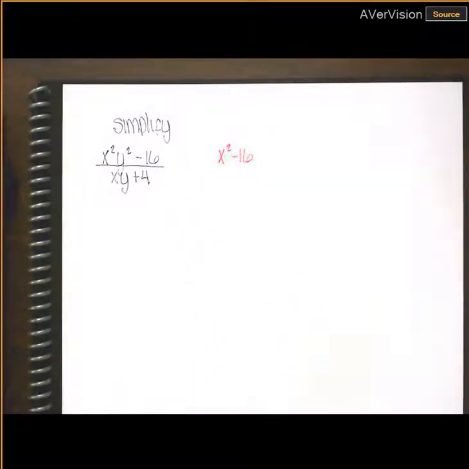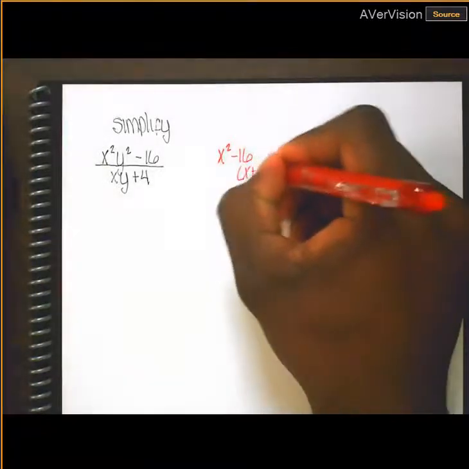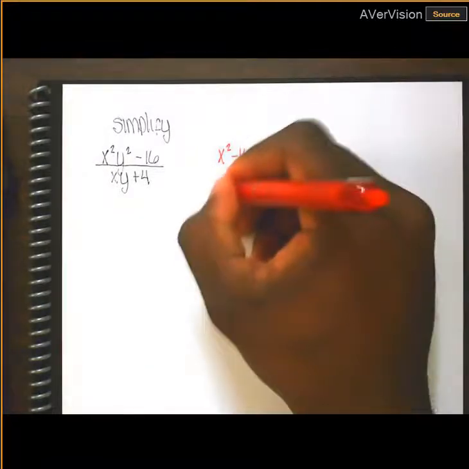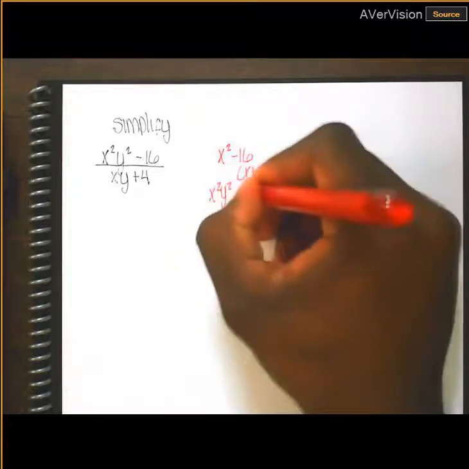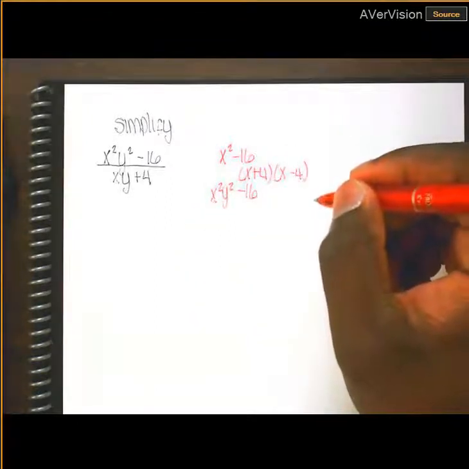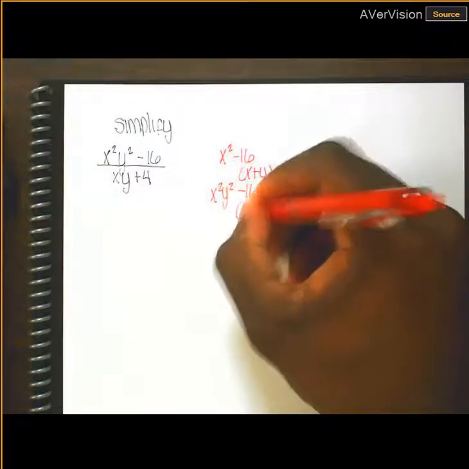Can you factor that to get what? So why would x squared y squared minus 16 be any different? I guess it wouldn't either.